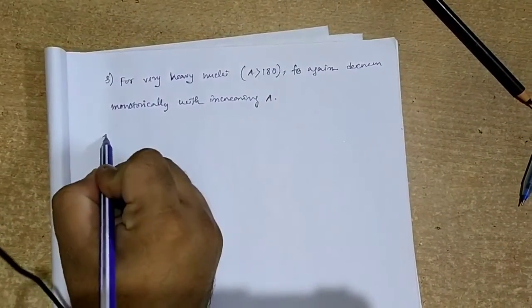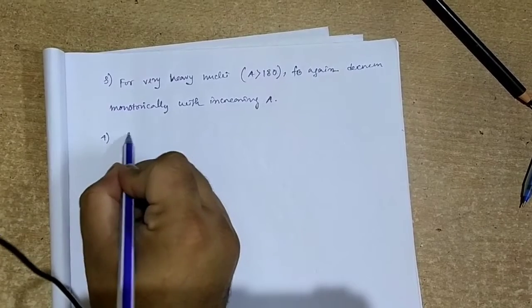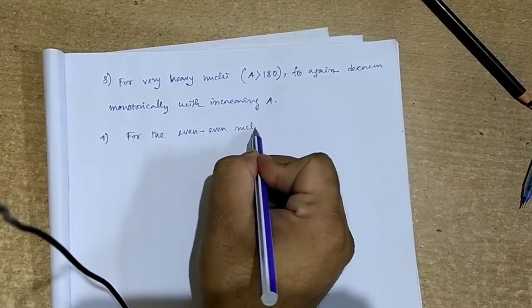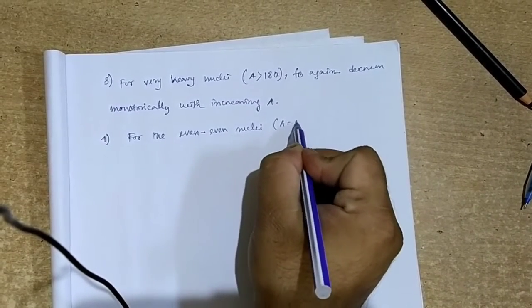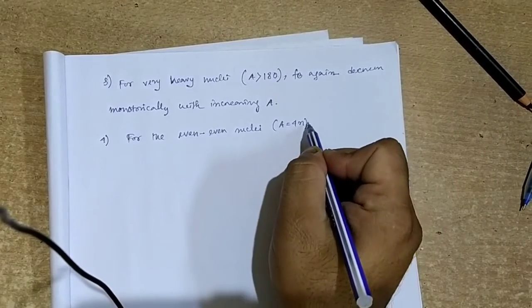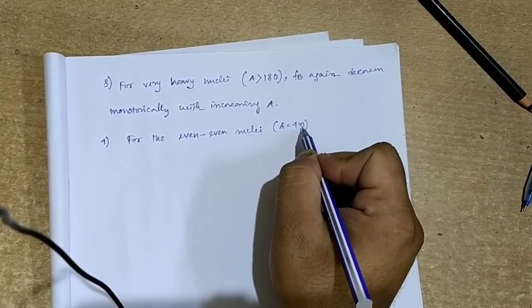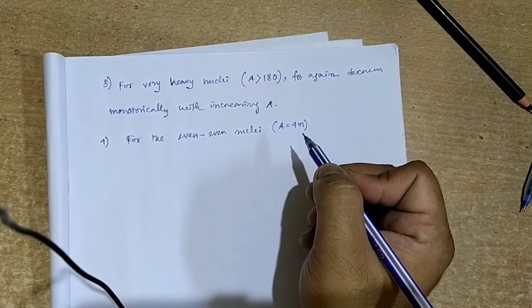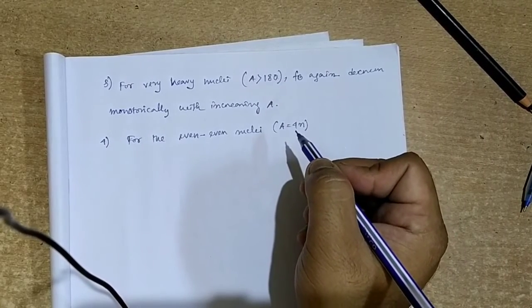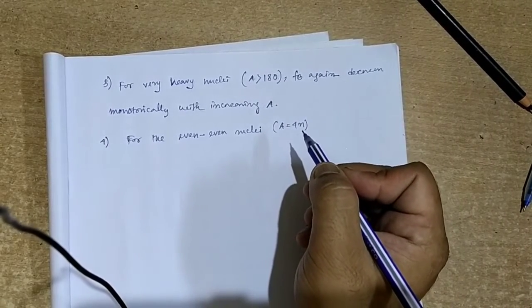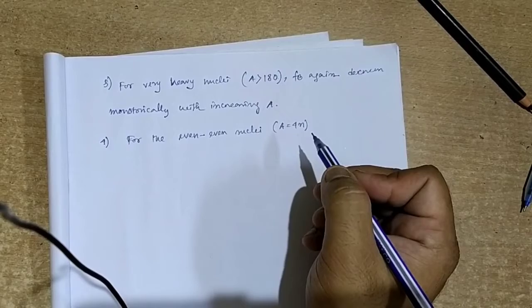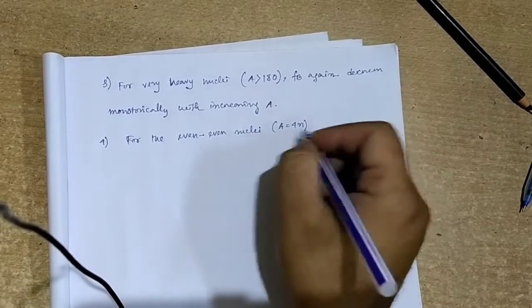Clear? And there is another special case, point number 4, for the even nuclei, that means for which the mass number is an integral multiple of 4, where an even number of protons and an even number of neutrons remain.